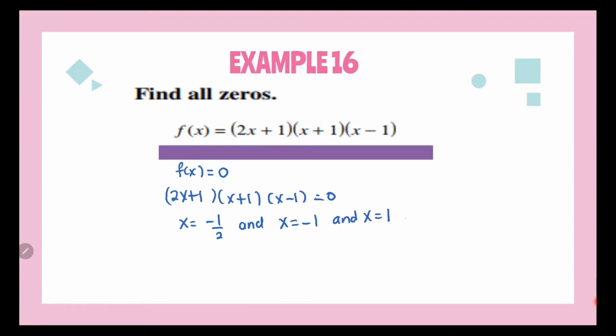But these are not zeros. These are roots. The zeros are negative 1 over 2, negative 1 and 1. Okay, students, can you see the differences between roots and zeros? And 2x plus 1, x plus 1 and x minus 1 are known as the factors.